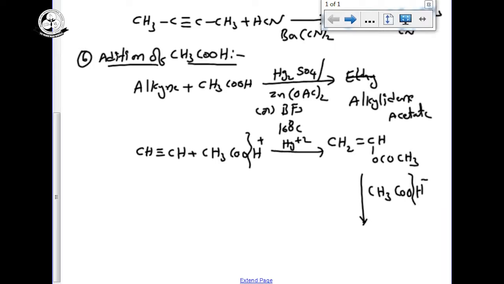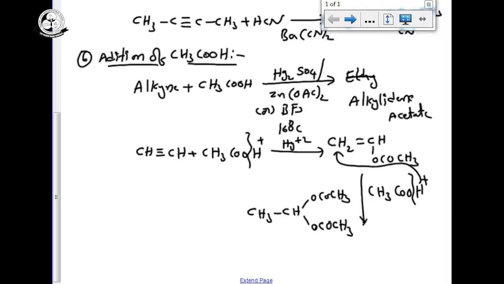Follow the Markovnikov rule and tell me. The positive part is attached to the double bonded carbon atom having more number of hydrogens. So now the answer is CH3CH, one side OCOCH3, another side also OCOCH3.